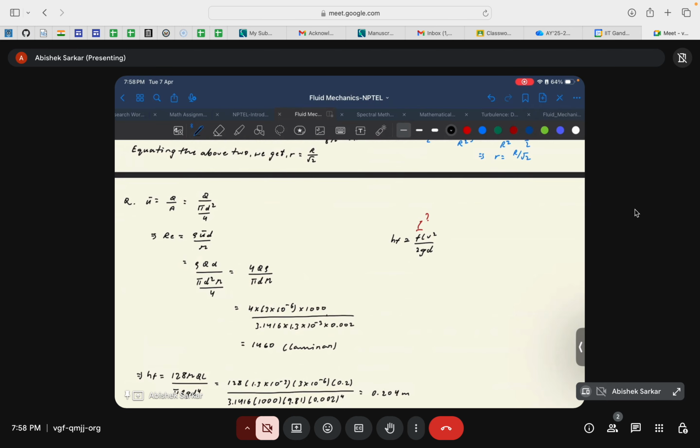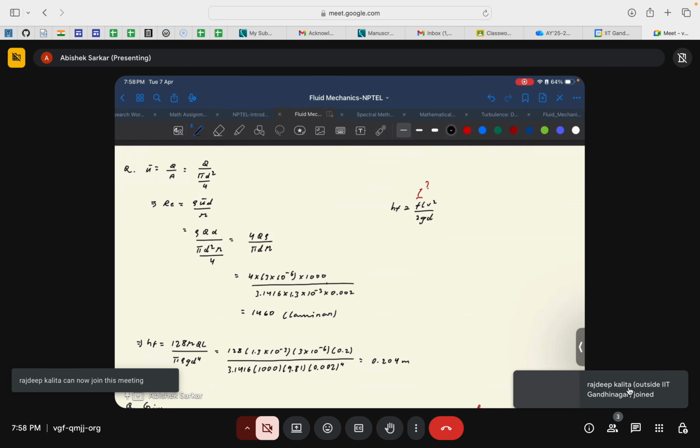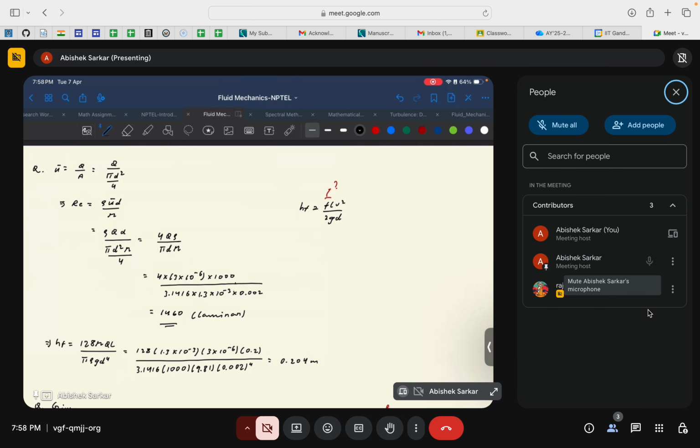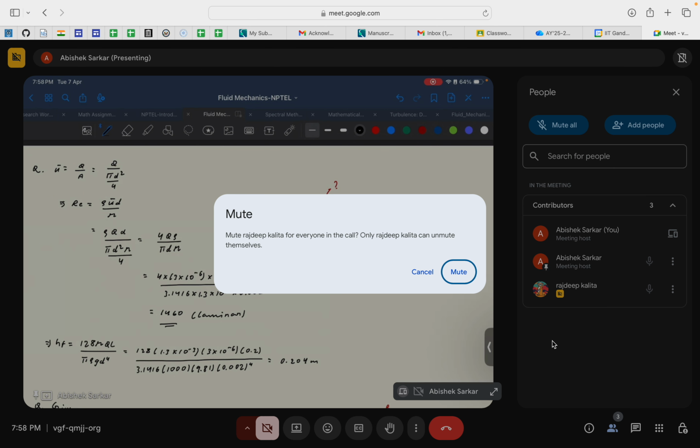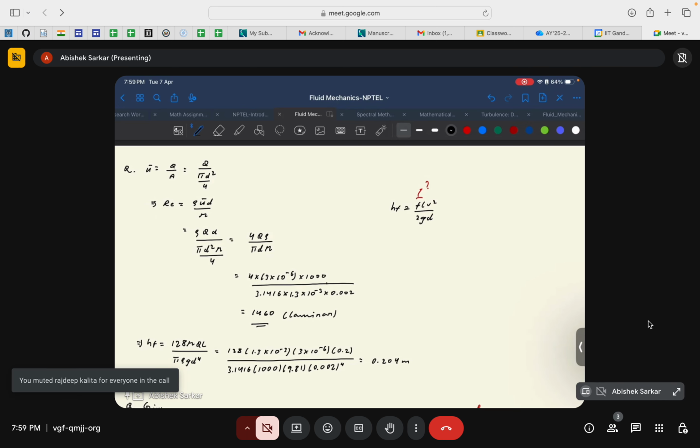If you do it, you will find that the Reynolds number turns out to be 1460. So you see that this Reynolds number comes under the laminar flow regime.